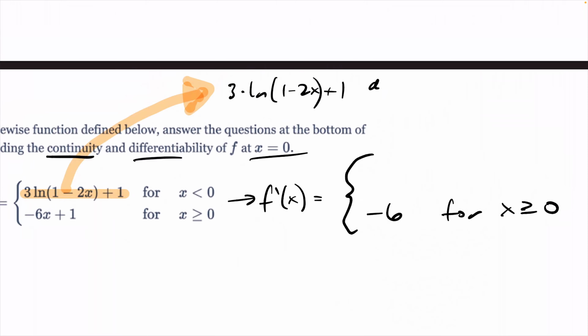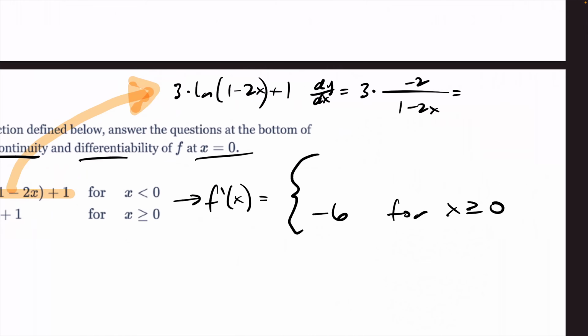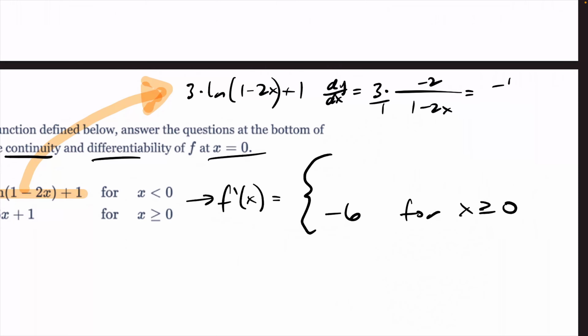So dy over dx equals 3 times, and for anything natural log related, the bottom stays the same, the top becomes the derivative. The derivative of 1 minus 2x is just -2. So you get -6 over 1 minus 2x.